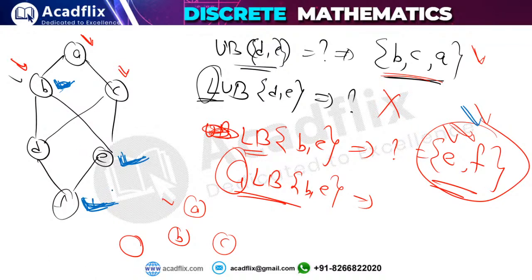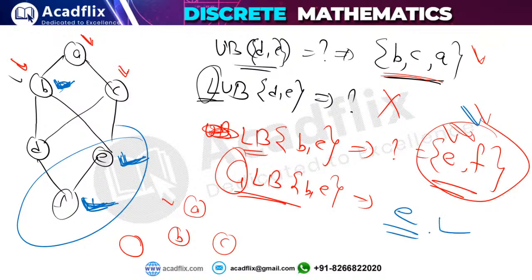In the lower bound you try to find the greatest element. What is the greatest element in E comma F? That is E. No, F will not be the greatest.